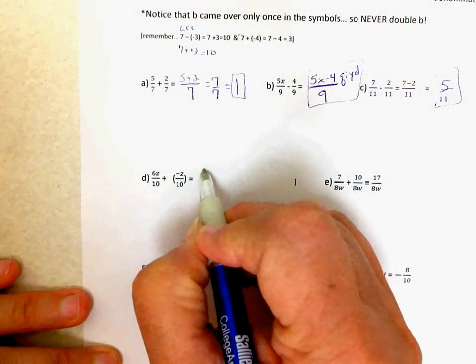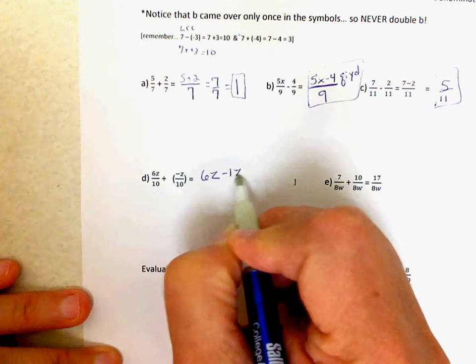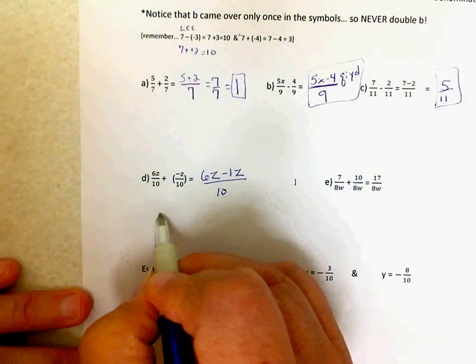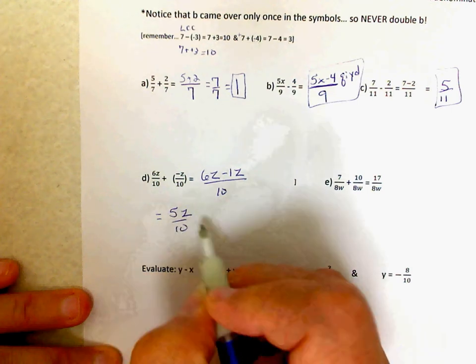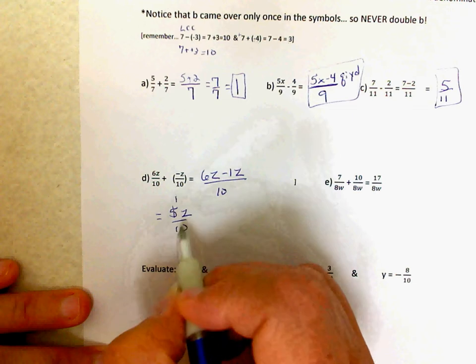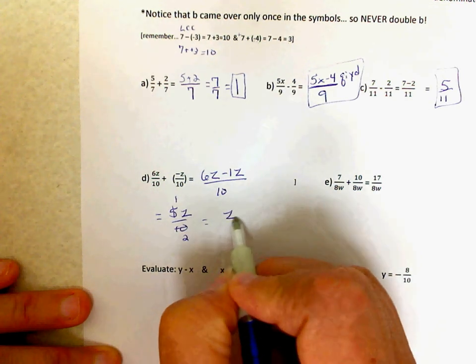So I get 6z minus 1z over 10, and that gives me 5z's over 10, but both of these are divisible by 5, so that goes into there once and then here twice, so this becomes z over 2.